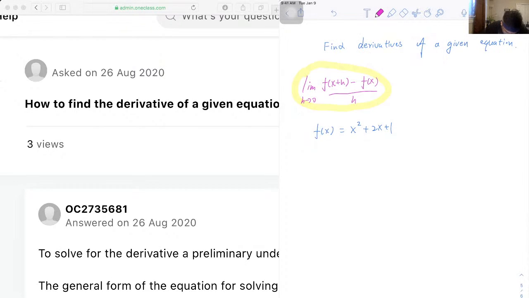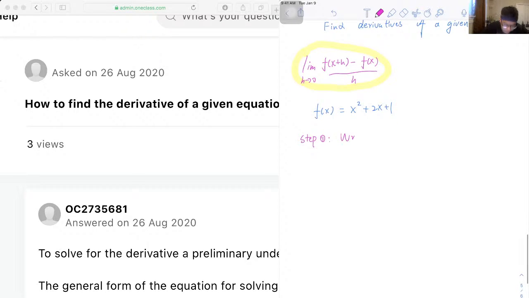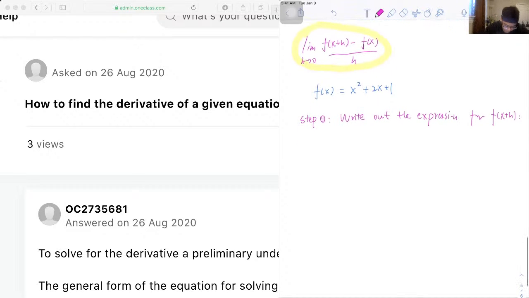Let's write step 1. We need to write out the expression for f(x plus h), which is f(x plus h) is equal to (x plus h) squared plus 2(x plus h) plus 1.